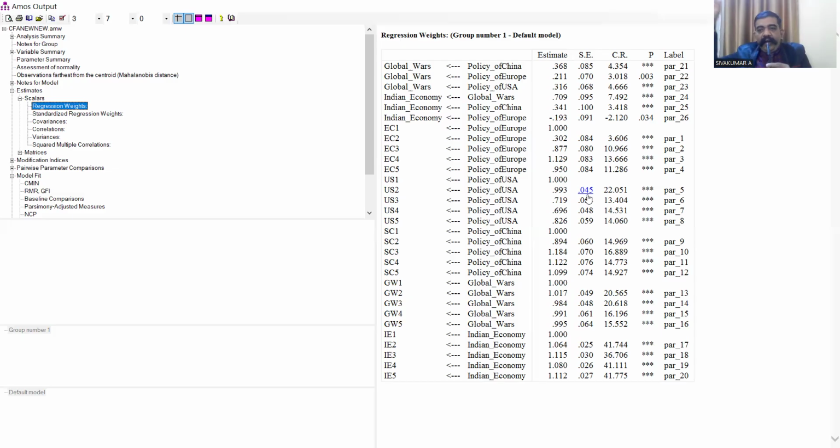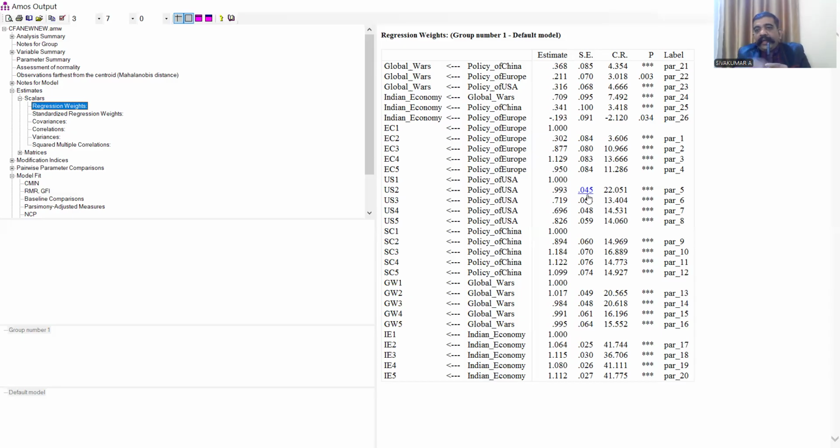In the last case, Indian economy and policy of Europe, yes, the p-value is 0.034. That is less than 0.05. Again, the researcher can reject the null hypothesis.